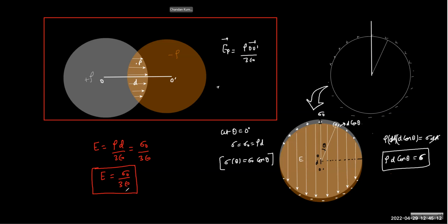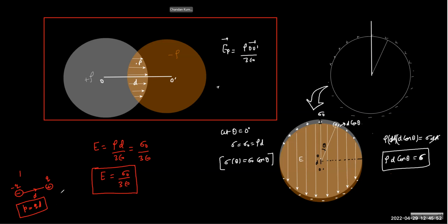You might have studied in school that if you have a minus charge and a plus charge, Q and Q, and the gap between them is, let's say, d, then the dipole moment we write as Q into d, where Q is the total positive charge, or you can take the total negative charge as well. Understood?